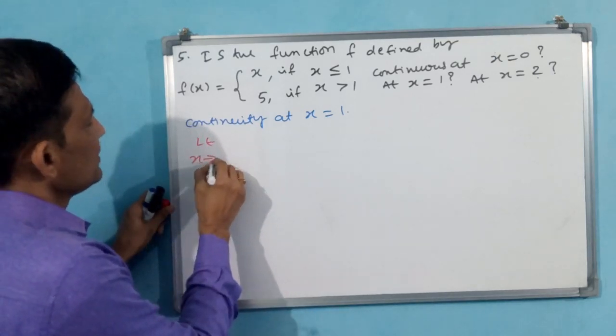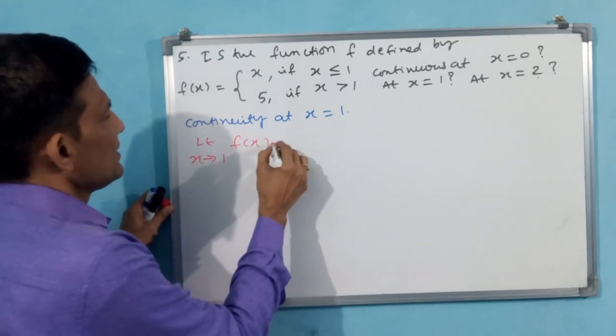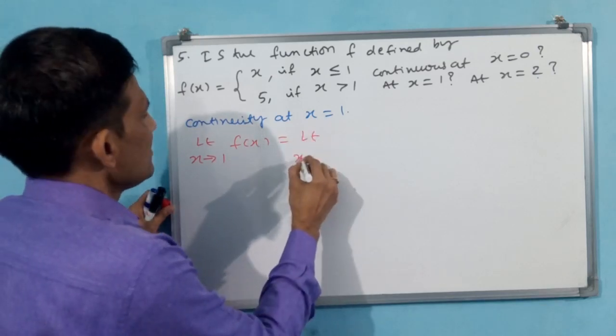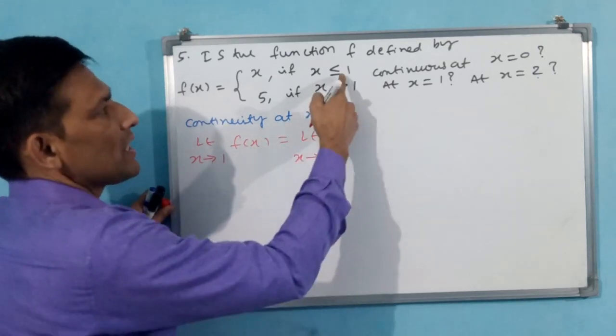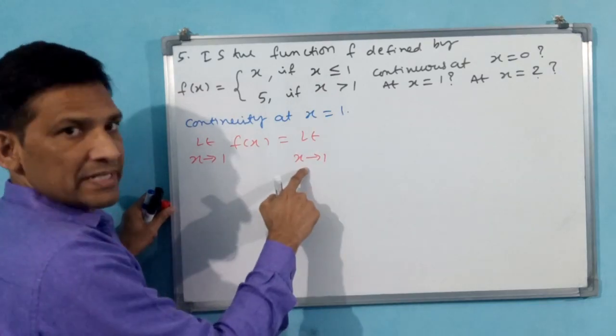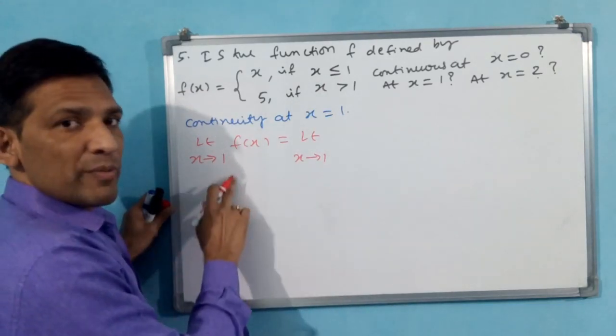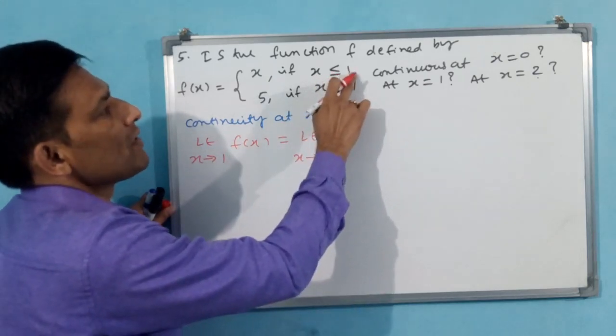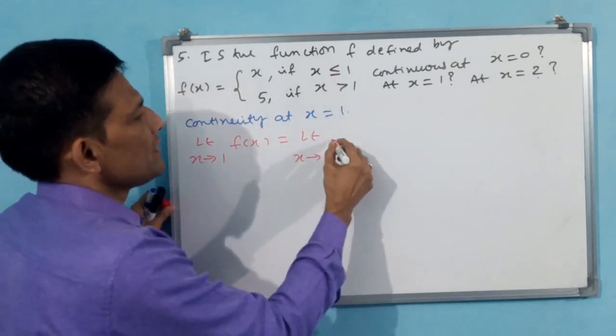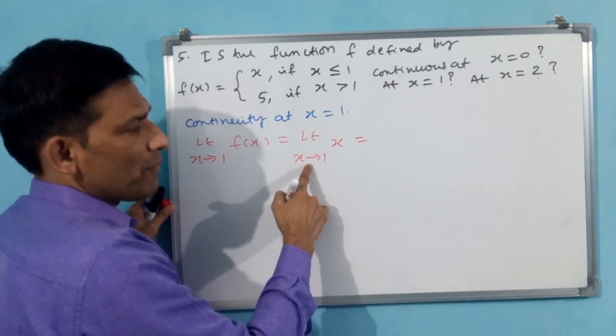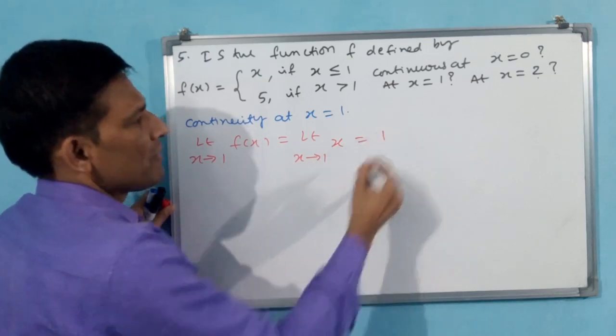Limit as x tends to 1 of f of x. At 1 means equal to, you have to take first. Left hand limit, right hand limit area is different, but limit as x tends to 1 means first you have to take the equal to area. Where x is there, then you take x. Apply limit: x is equal to 1, then 1.